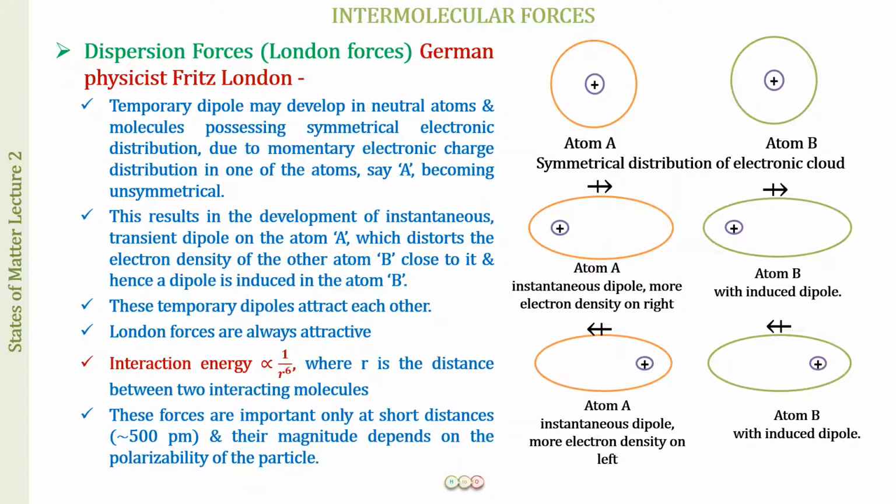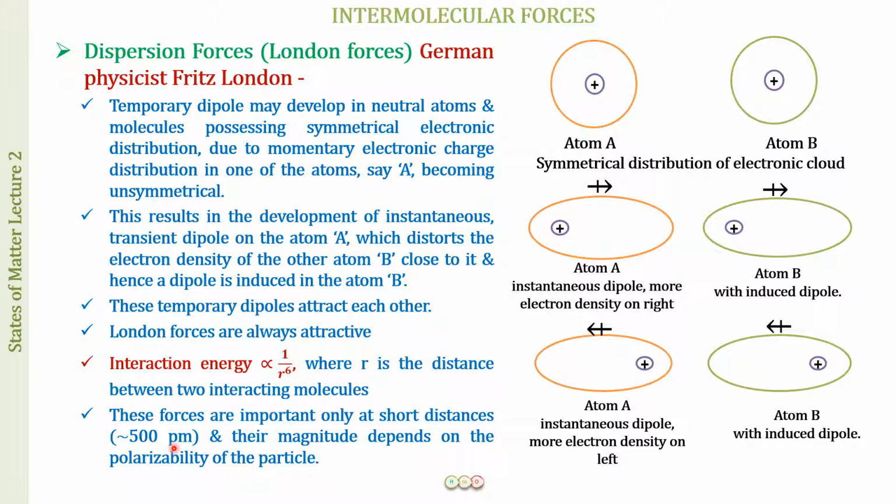The next thing is that these forces will be acting only at short distances. When the atoms or the molecules are far away from each other, these forces will not come into play. So the distance is going to be approximately in the order of 500 picometer. And when these forces are acting only at short distances, what you can understand is that, for example, we have gases.